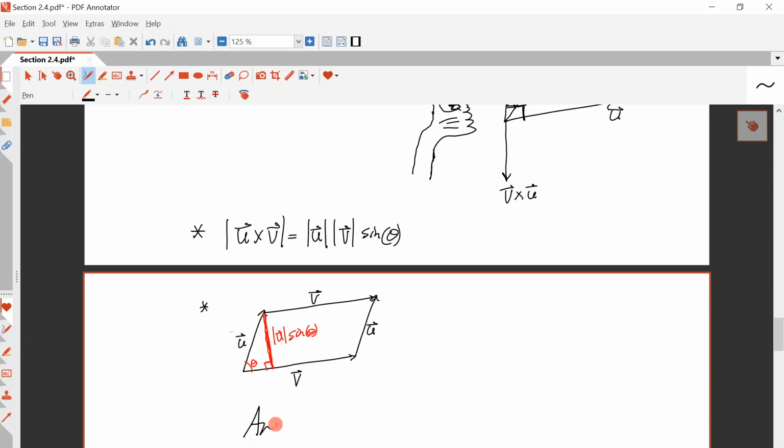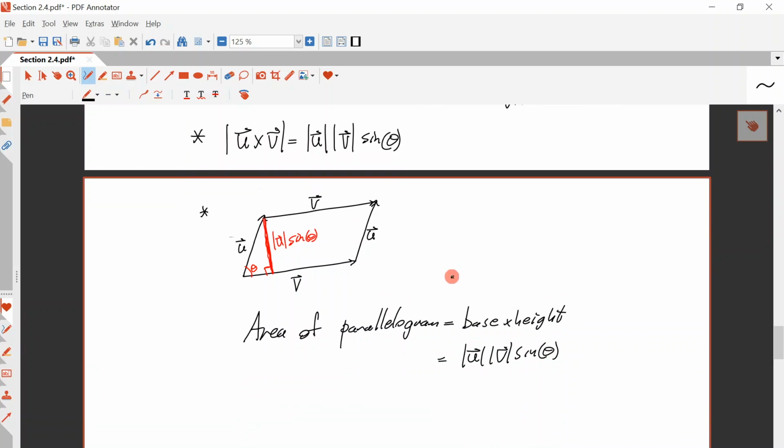So the area of the parallelogram is equal to base times height, which is equal to the length of u, length of v, sine theta, which is equal to the magnitude of the cross product.